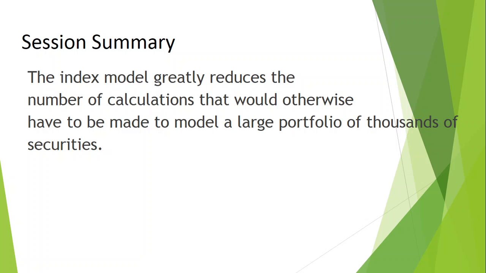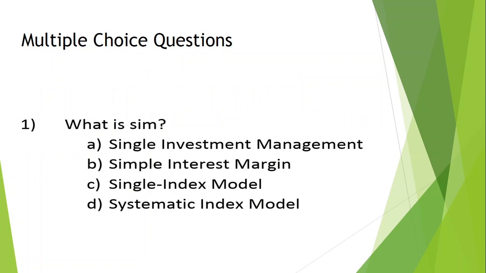Dear students, let us understand this concept in detail with the help of some multiple choice questions. In order to understand this Sharpe single index model, we will go through five simple multiple choice questions. What is SIM? Option A, single investment management.